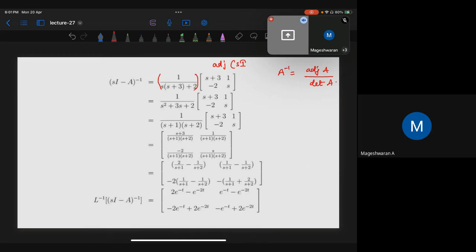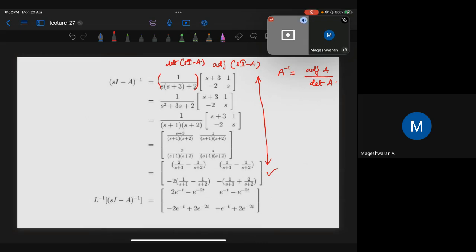The adjoint of sI minus A, and the determinant of sI minus A. So we got the inverse as this. Please do these calculations for finding the inverse. Hope it is not difficult.